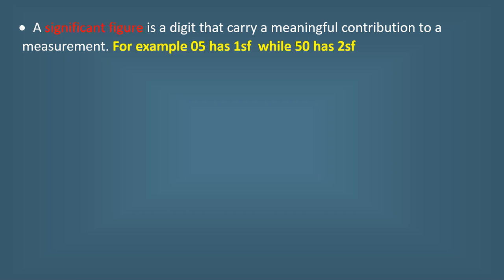The 0 in 50 has a significant value because when you remove this 0, it will remain 5 and it will completely change the value of the number. But in 0.5, when you remove the 0, the value of the number still remains 5. Okay? But here, it will change from 50 to 5. So the 0 is significant in the number 50.